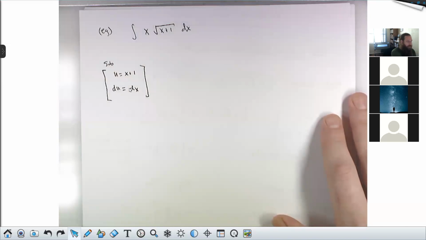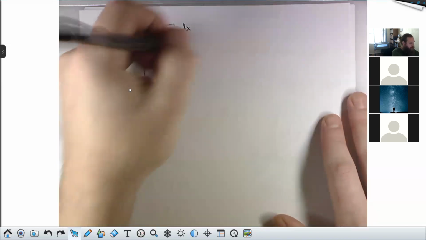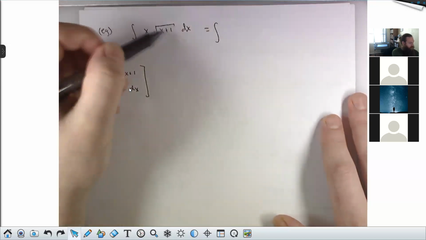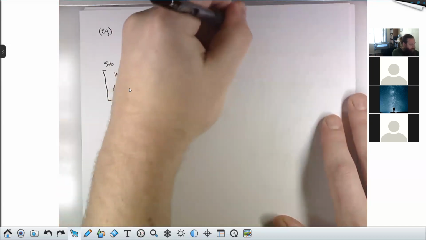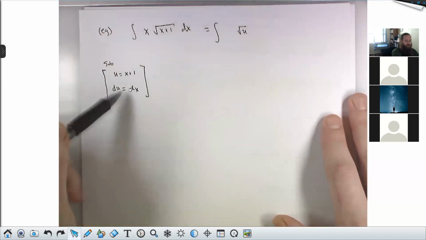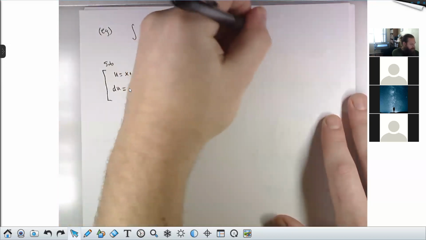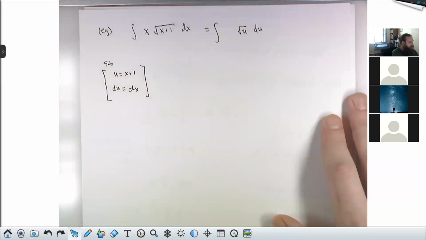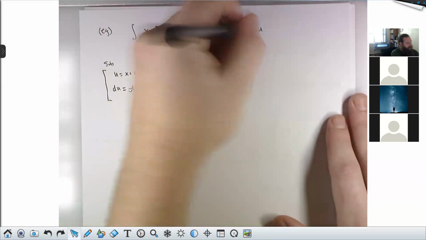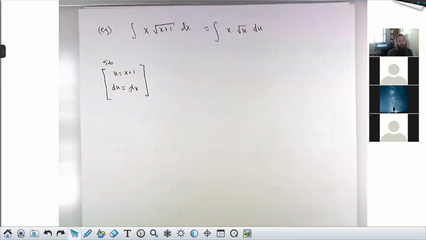And if I go plugging in the natural things here, this square root is going to be the square root of u. Dx and du are equal to each other. So I can write du for dx, but I still have an x out front here. Of course, these are all multiplied.